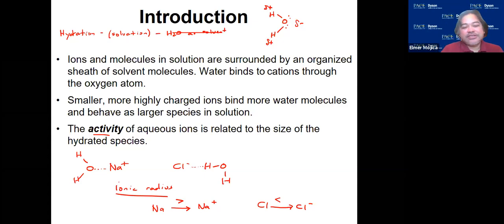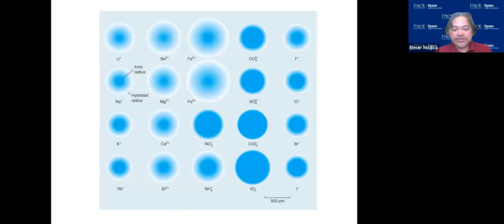Now, the activity of the aqueous ions is related to the size of the hydrated species. So what does this mean? Okay, so if you look here, this is ionic and hydrated already.